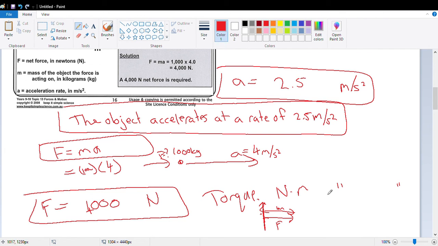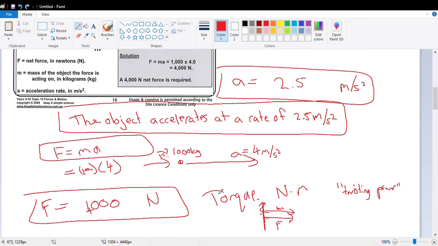So torque is twisting power. So this force just here could be applied, and depending upon what length the axles are and the gearing ratios, etc., you could work out how many newton meters of torque the car has to accelerate. But when we're talking about torque in the car, we're talking about twisting power.